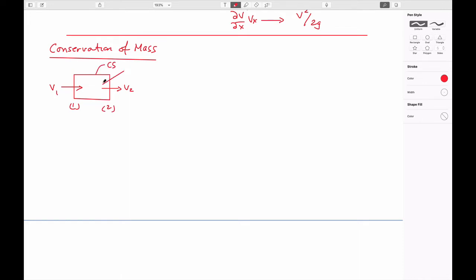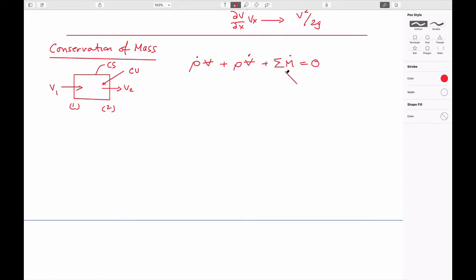We define a control volume. And between those, we can write the conservation equation, which is something like density times rate of change of the control volume, plus the volume times rate of change of density, plus the sum of the mass flow rate changes has to equal 0.